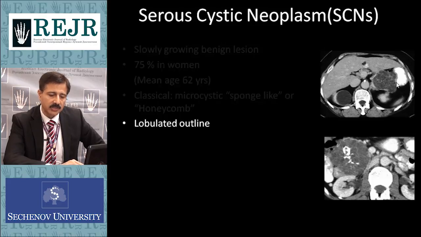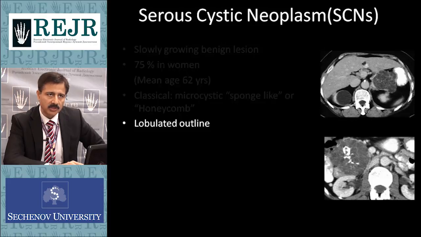Now this is an important sign to remember. If you look carefully and try to see the outline where I am elaborating, or try to see the outline here on another example, you will appreciate that this is lobulated. Why is it lobulated? It is lobulated because there are small cysts which are sitting underneath the outer wall, and which give it this lobulated outline.